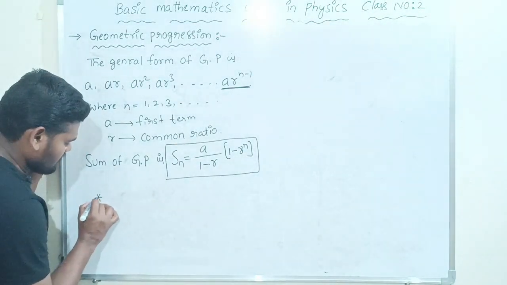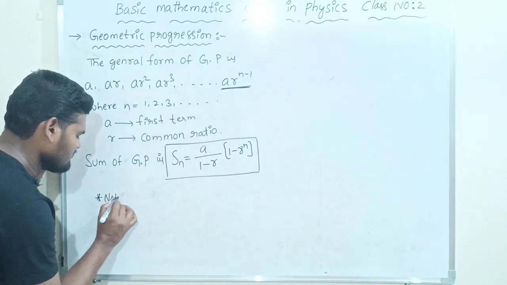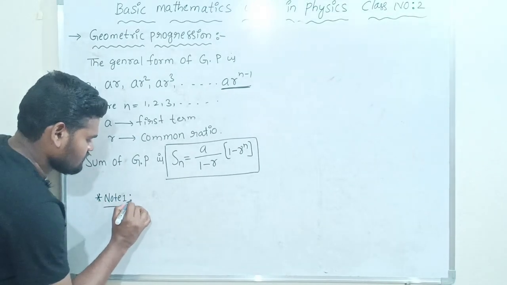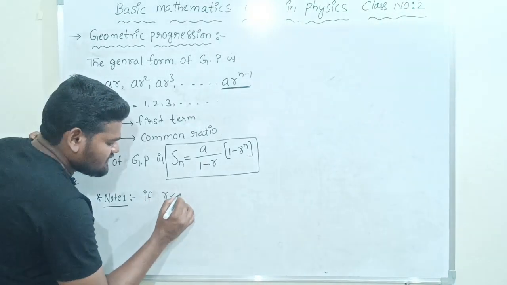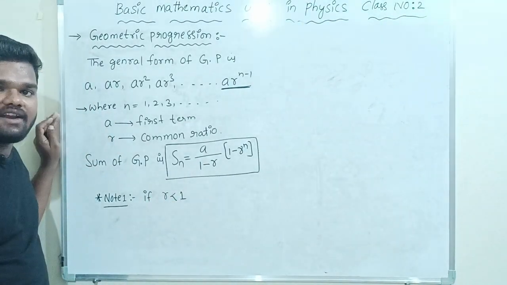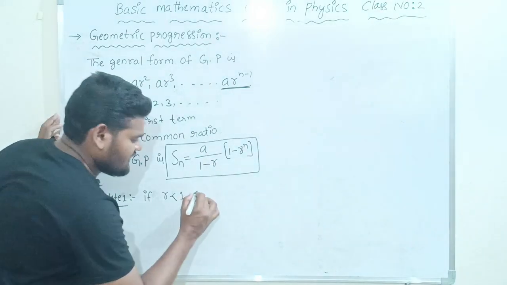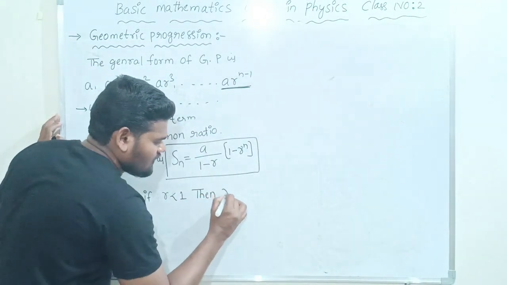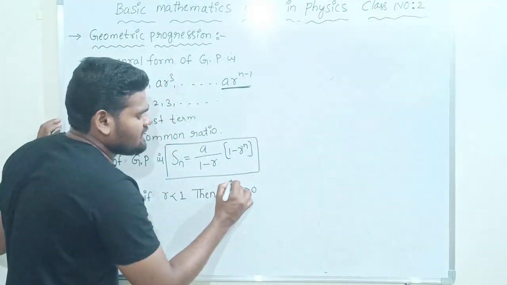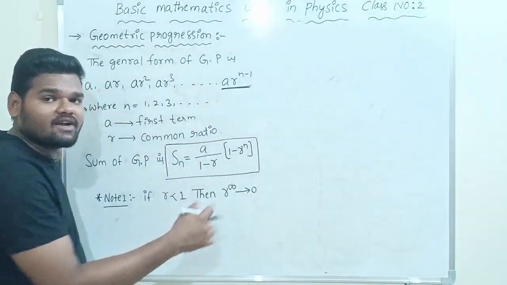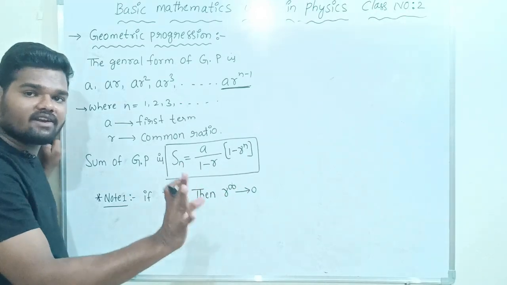Now, condition, note number 1. If the value of r is less than 1, then r to the power of infinity tends to 0. Infinity means higher order power, that's it. Don't get tension.